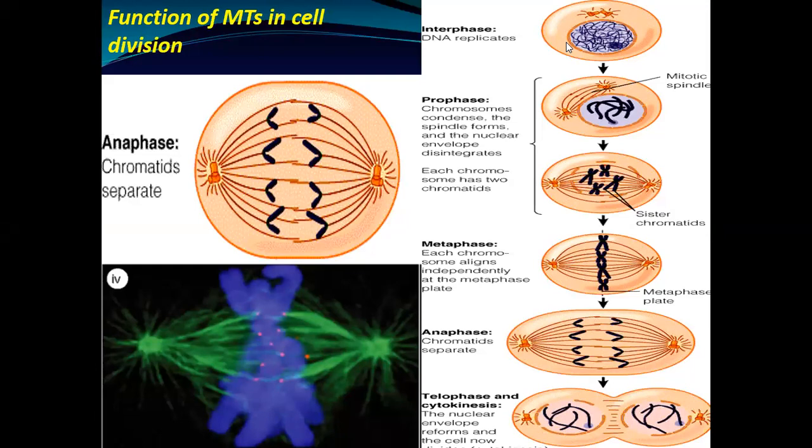The spindle is actually microtubule, and the chromosomes are arranged in the center of the spindle, and then there is pulling of the chromosomes to both sides, and the chromatids separate. That is where you can see that microtubules are involved in cell division.